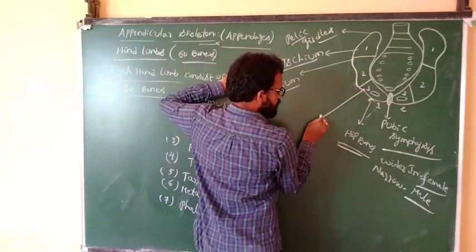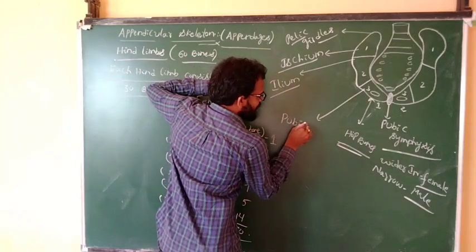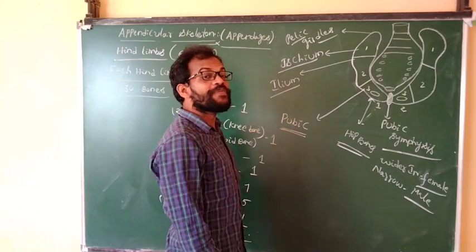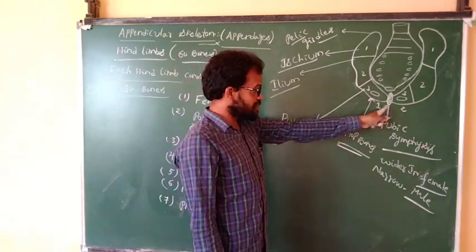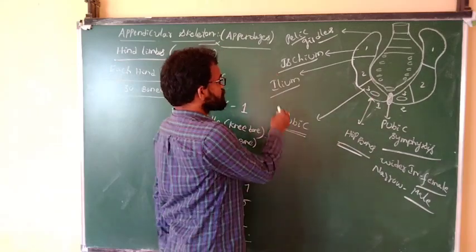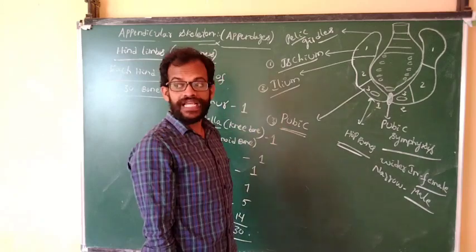The third part is the pubic part, which forms the pubic symphysis. So the parts are ischium, ileum, and pubic part.